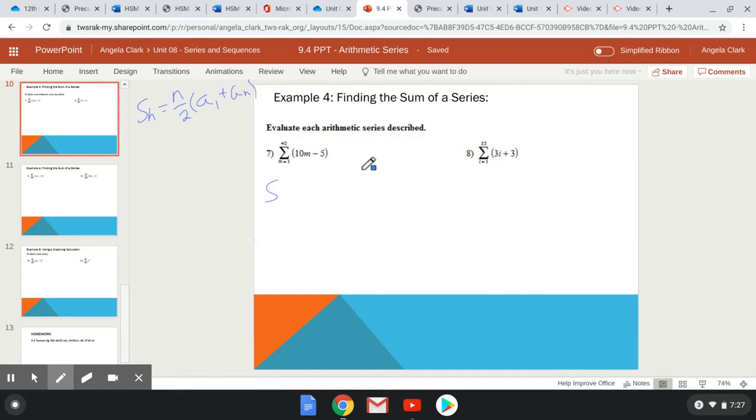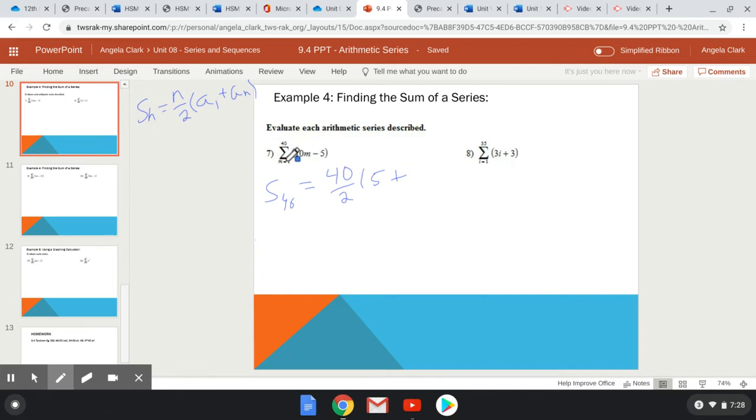So we're going to have S40 equals 40 divided by 2. Then we're going to have to find the first term. So we'll plug in 1, so we get 10 minus 5 is 5. Plus, we're going to find the last term, so we're going to plug in 40.